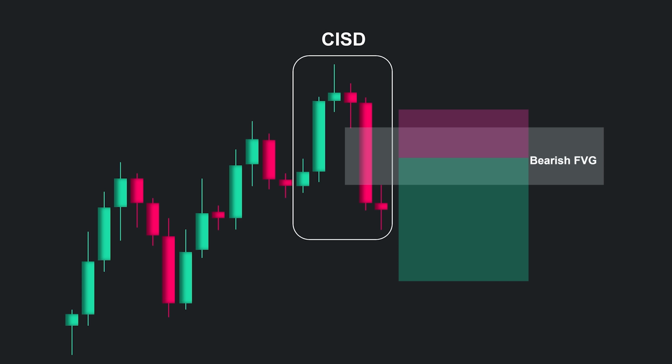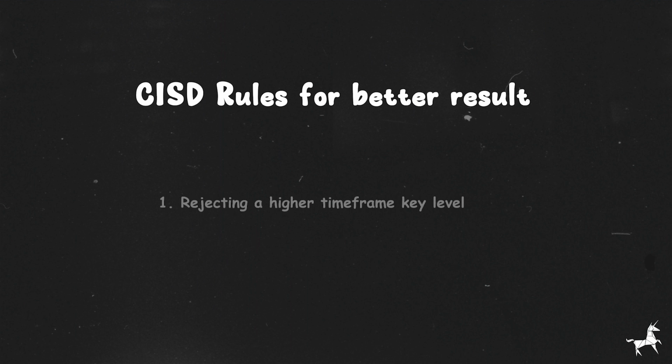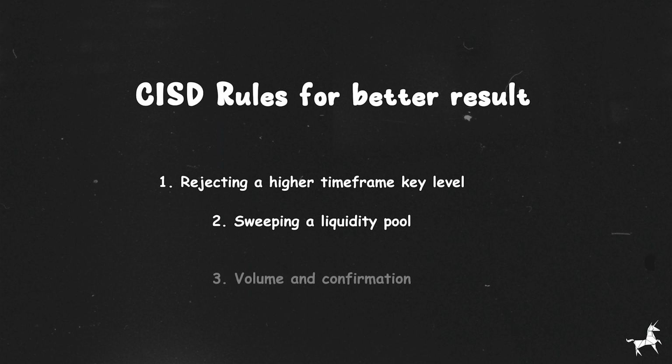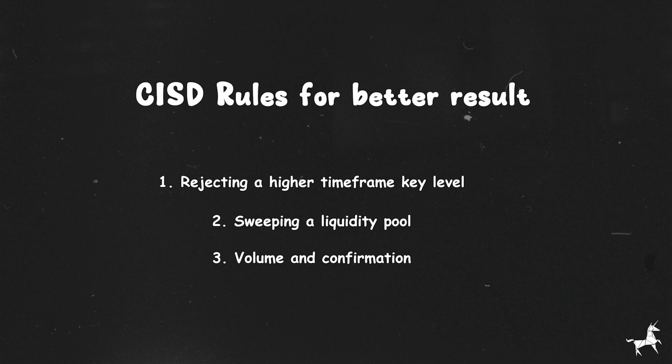By combining volume, fair value gaps, and CISD, you can significantly increase the likelihood of a successful trade while minimizing risk. By following these rules, ensuring the CISD occurs at a key level, watching for volume confirmation, and waiting for a retest, you increase the chances of identifying high-quality trade setups with strong potential for profit.